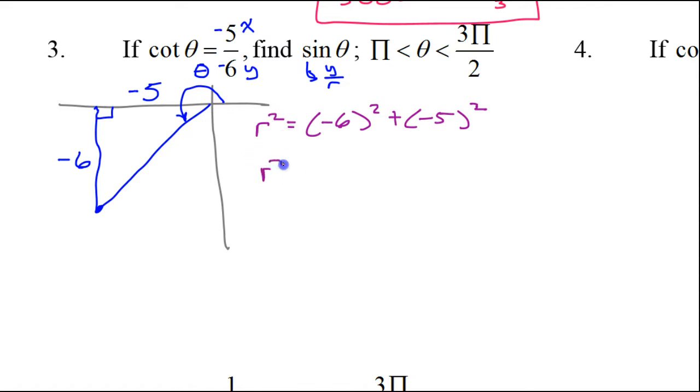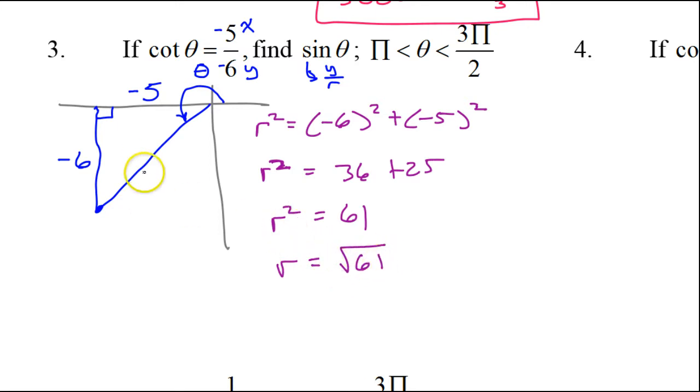So the radius squared is going to equal 36 plus 25. Taking the square root of both sides, the radius is going to equal the square root of 61. Notice the radius is always positive no matter what.